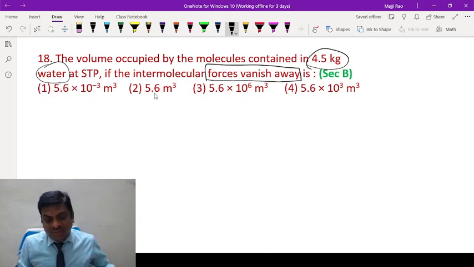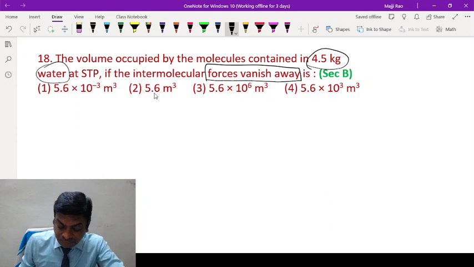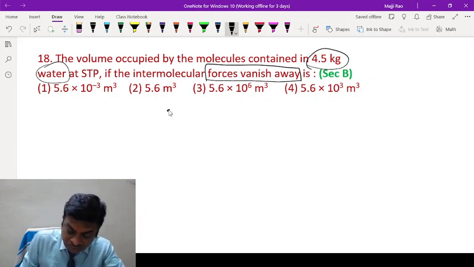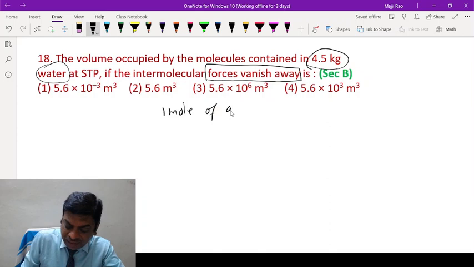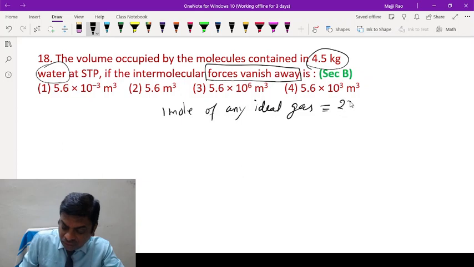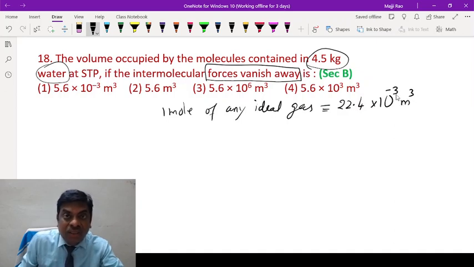Now this is based on a simple mole concept, student. We all know that 1 mole of any ideal gas occupies 22.4 liters, to be converted into meter cube because the options are in meter cube.